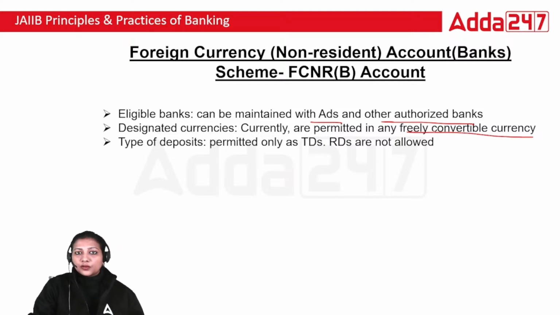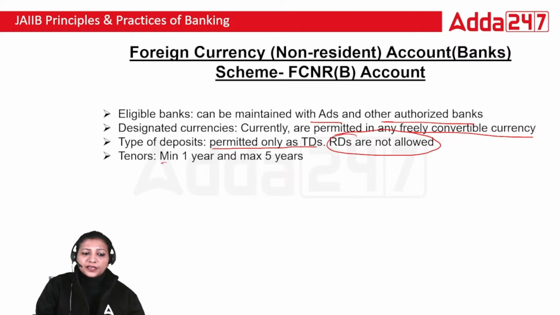As I told you, there are a few currencies which are freely convertible and only those currencies are allowed for FCNRB account. Type of deposit: in the NRE account, we have seen that we can open a savings account, current account, TD and RD, but in case of FCNRB account, we can open only a TD account. RDs are not allowed. So this is important.